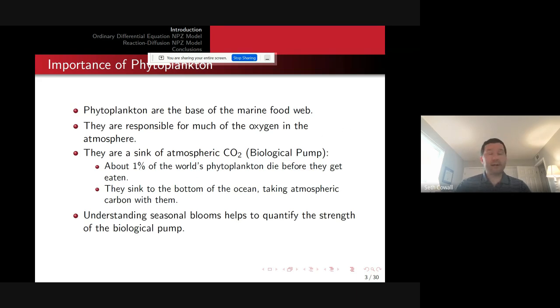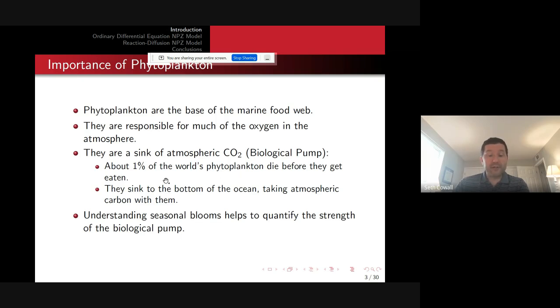There's a saying that every other breath we take, thank the phytoplankton. A lot of people are aware that a lot of the oxygen we breathe is from terrestrial plants, but the other half is from marine phytoplankton, and they're also a sink of atmospheric carbon dioxide.